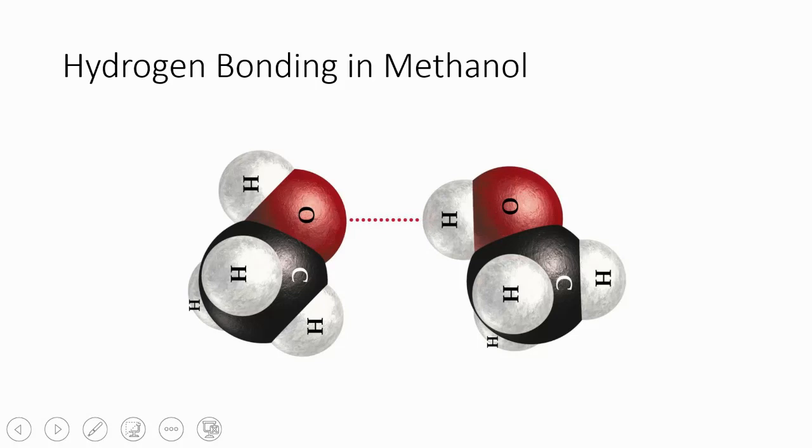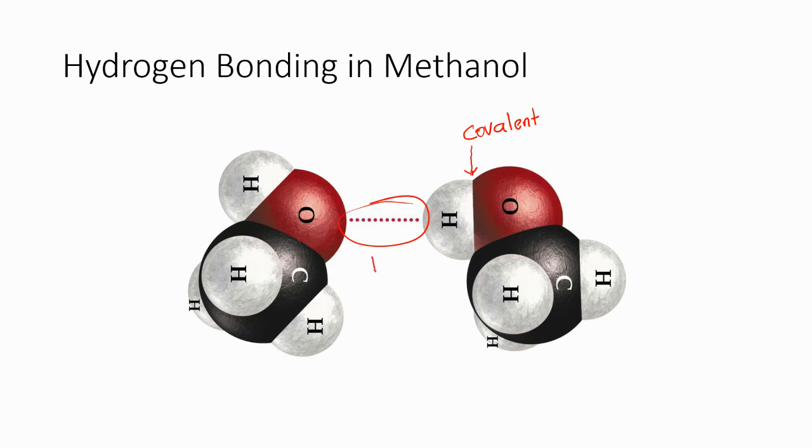Again, we don't say that the bond between the oxygen atom and the hydrogen is the H bond. That's a covalent bond. That's an intramolecular force. What we're caring about mostly here is this area of attraction between the two molecules, between the H and the O on the other molecule.